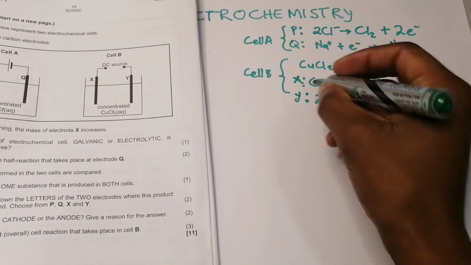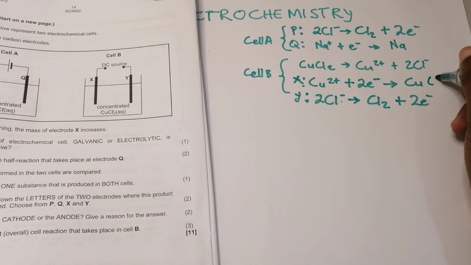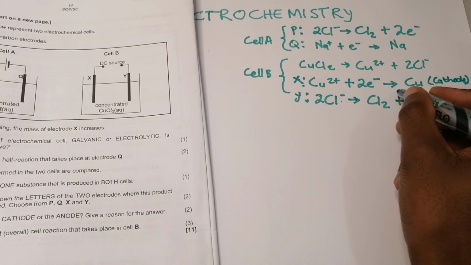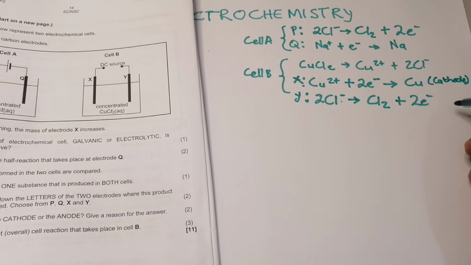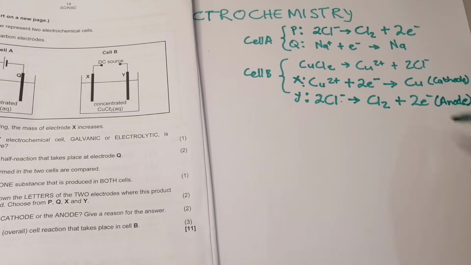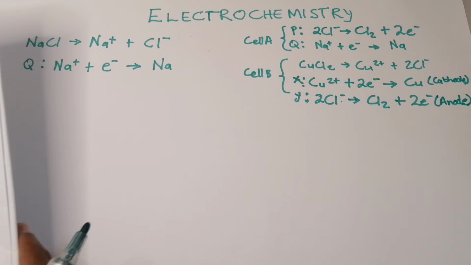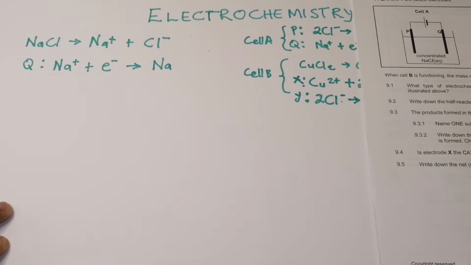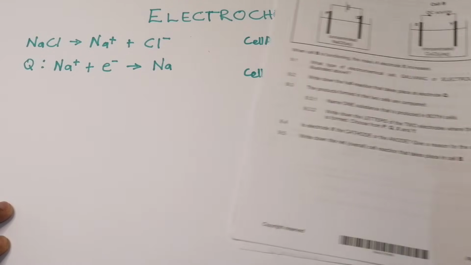So X would be our cathode, and it makes sense. Reduction takes place there, and Y would be your anode, obviously, because oxidation, the loss of electrons, takes place over there. Now let's answer quickly the questions, and you'll see how easy this is after that analysis.